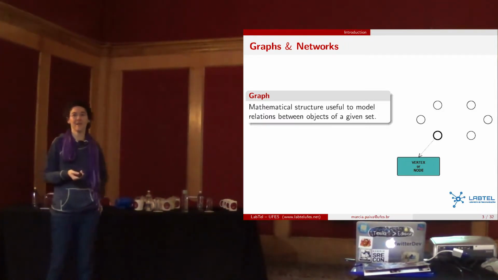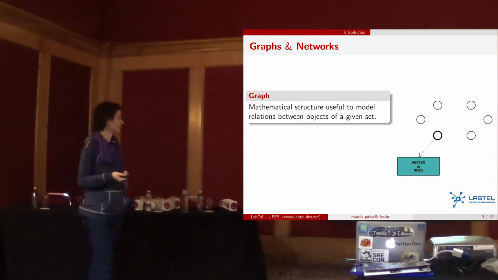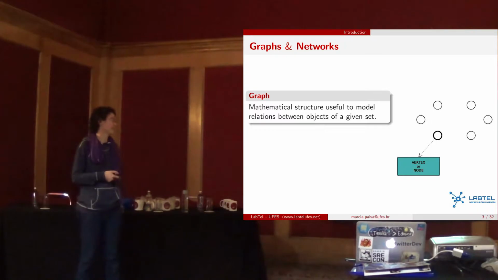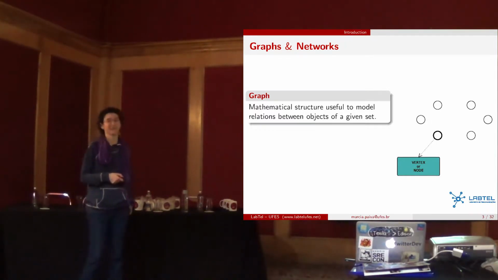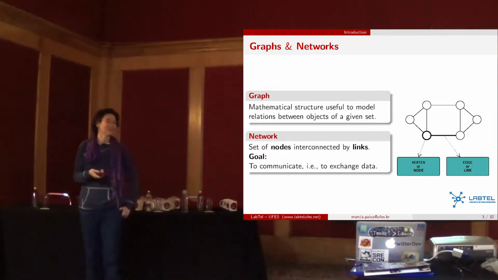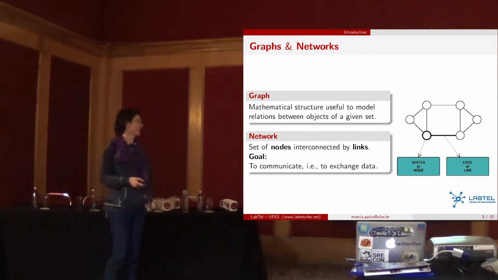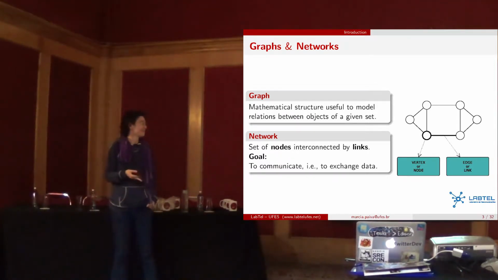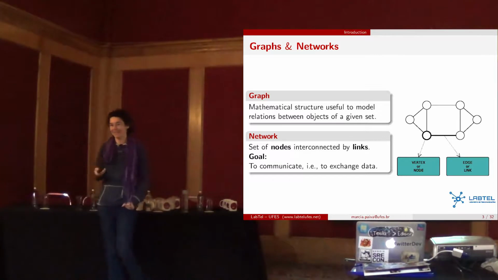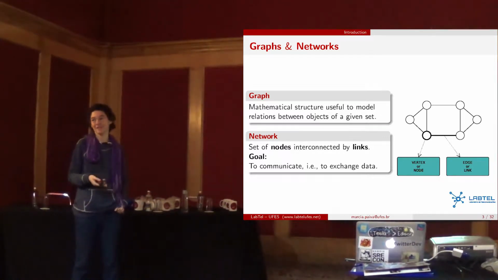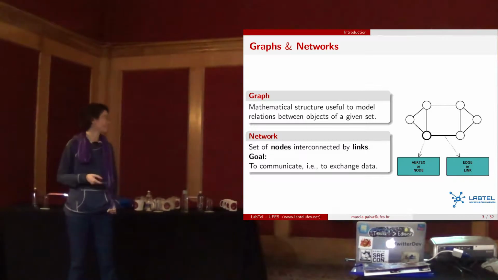Vertex is a term used in graph theory literature, and in telecommunications we prefer the term node, but it's the same thing. And a network is a set of nodes interconnected by links. So it is immediate to think about a network as a graph.